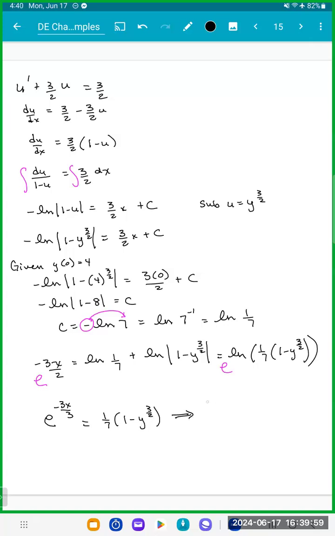Simplifying a little bit further, it is 7e to the negative 3x over 2 is equal to 1 minus y to the 3/2. And one last step, we're getting that y to the 3/2 by itself. So we have y to the 3/2 is equal to 1 minus 7e raised to the negative 3x over 2.